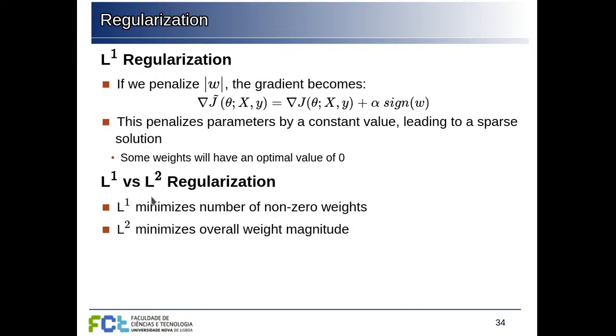So the big difference between L1 and L2 regularization is that L1 regularization is reducing variance. It's minimizing the spread of our hypothesis by minimizing the number of weights that are not 0. Everything that is not very useful for solving the problem will tend to go down to 0 and be disconnected, so to speak. L2 regularization will minimize the overall magnitude of the weights. So it penalizes more those weights that are larger and tries to shrink those.